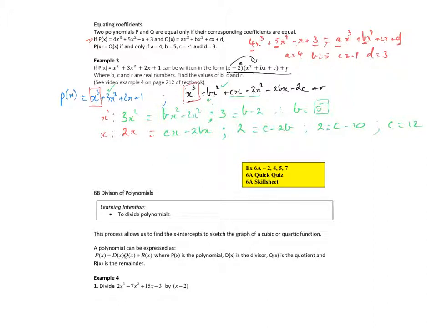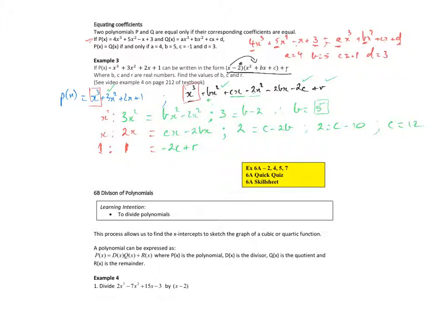Let's go to my constant term. What's the constant in the blue polynomial? That's 1. And that has to equal the constant in the other big black one. So there's a constant term and there's a constant term there. What makes them constant? Well, they're not multiplying any x value.